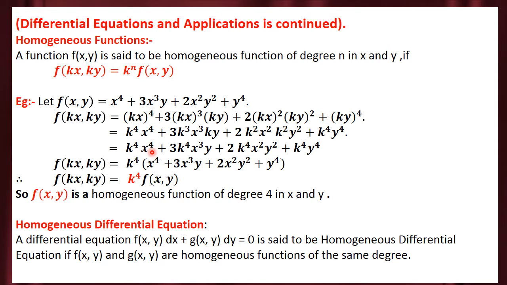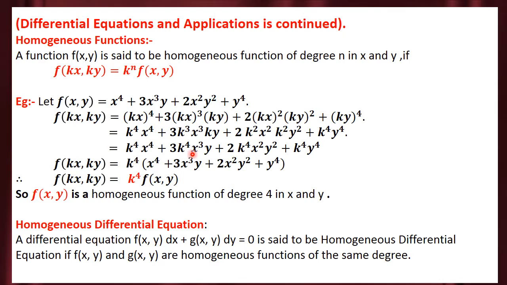Now we will combine the similar parts of each term, that is k cube into k is k raised to 4 x cube y, plus k square into k square is k raised to 4 x square y square, and k raised to 4 into y raised to 4.